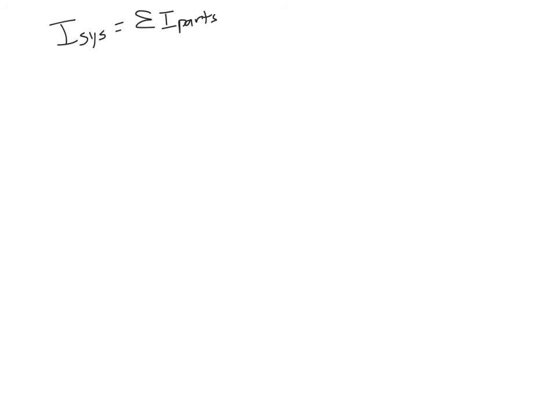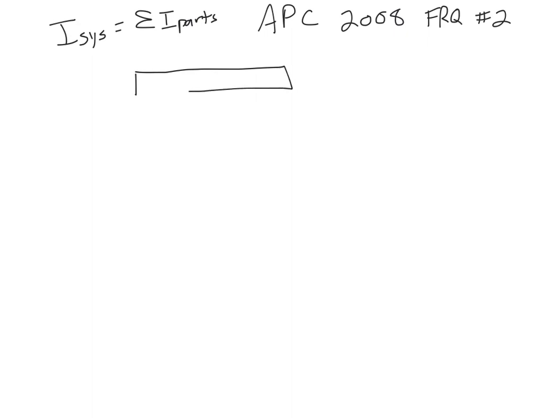Good example is on the, I believe it's the APC 2008 free response number 2. It pretty much acts something similar to this, where you have a beam like this, and at one end there's an additional mass placed on it.